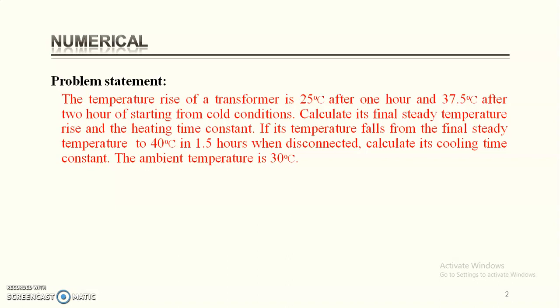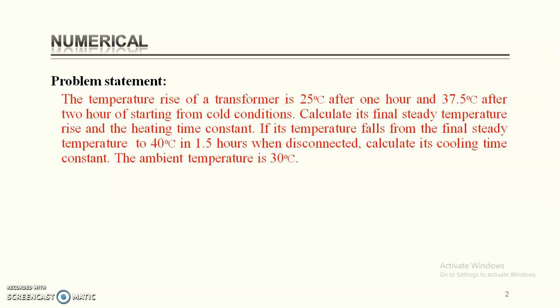From reading the overall problem, we can conclude that there are two conditions. The first condition is the heating condition, and the second one is the cooling condition. Reading the first part, the temperature rise of the transformer is 25 degrees Celsius after 1 hour.